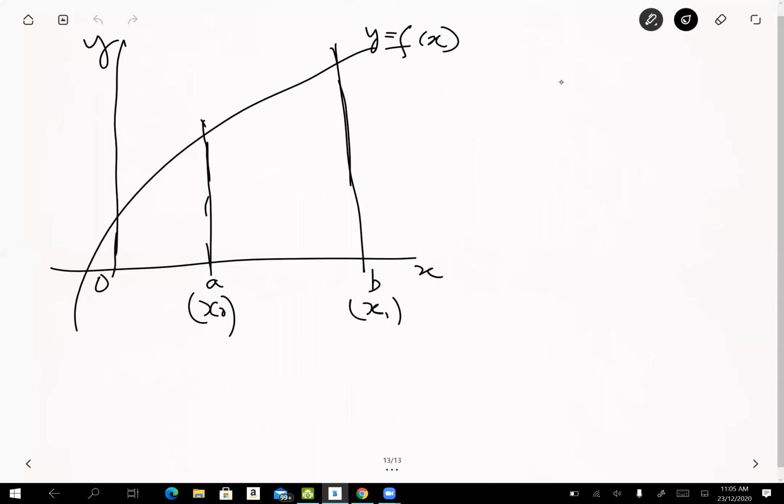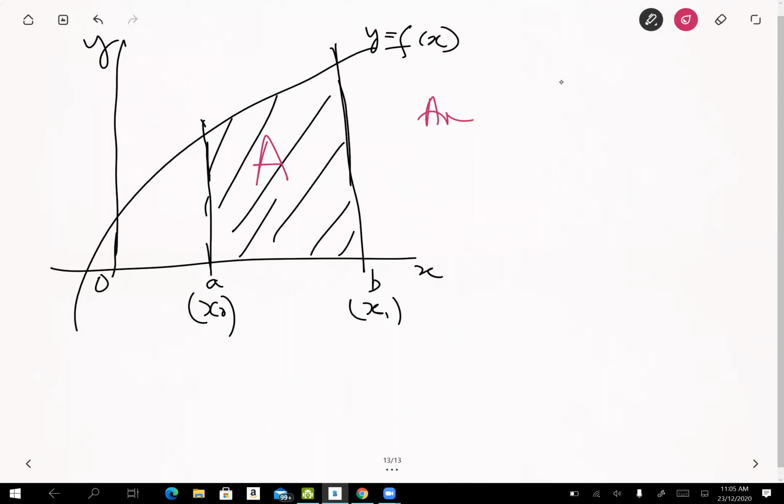This is the area under the function between x equal to a and x equal to b. So we call it that area here. It's an area, and we denote that by F. Sometimes we use F, sometimes we can use just A, because that is the area.